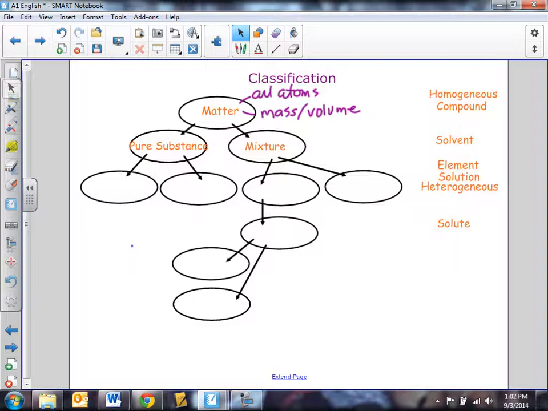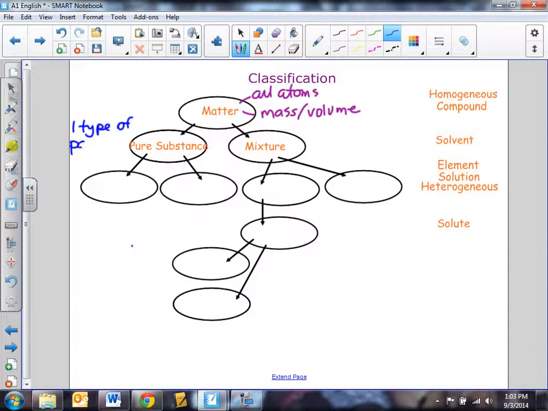So let's talk about what would be the difference between those two things. Does anybody know what the difference between a pure substance and a mixture is? So because we're talking already about atoms, I'm going to continue with that discussion. In a pure substance, you have one type of particle.